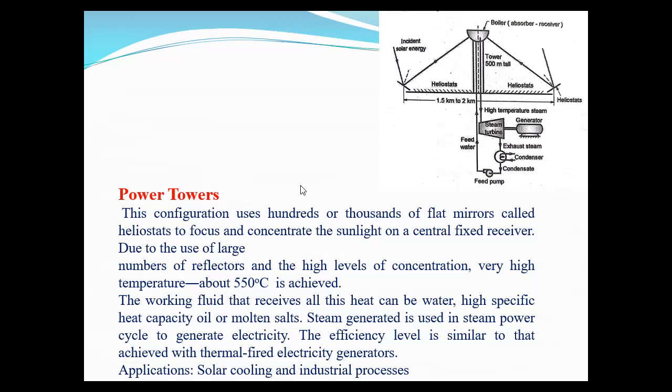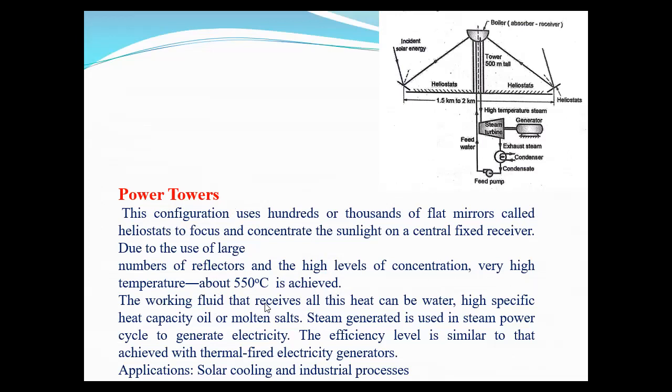So this is about the central power receiver power plant, which is a high temperature power plant. This configuration uses hundreds or thousands of flat mirrors called heliostats to focus and concentrate the sunlight on a central fixed receiver. Due to the use of a large number of reflectors and a high level of concentration, a very high temperature, about 550 degrees Celsius, is achieved.